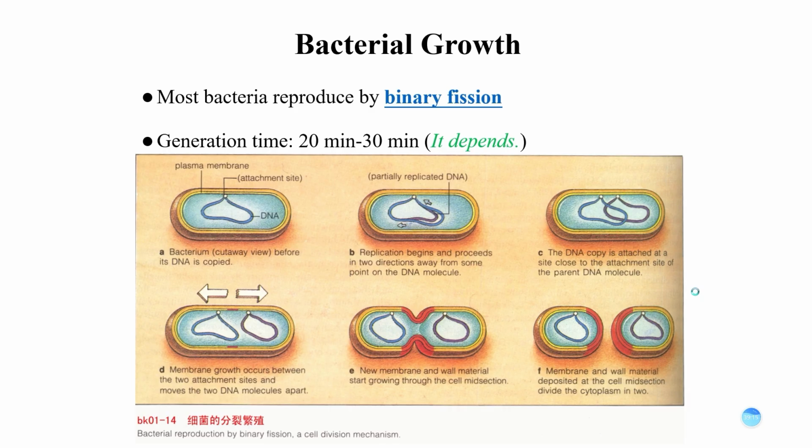Here's an example of, okay, this is a bacterium, bacillus, okay? There is DNA in it, a circular DNA. If the bacteria need to replicate, they need to prepare 2 copies of their DNA for each daughter cell, right?